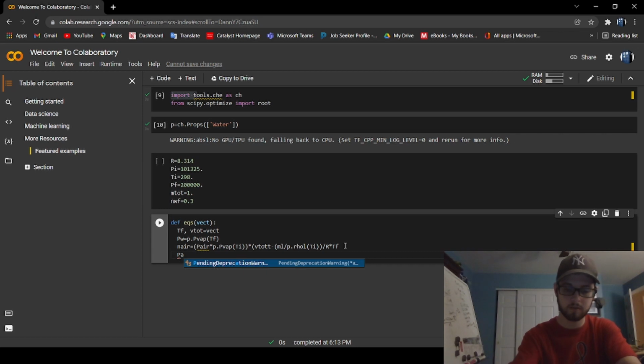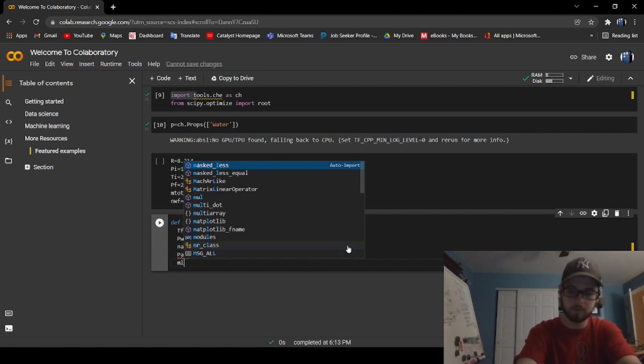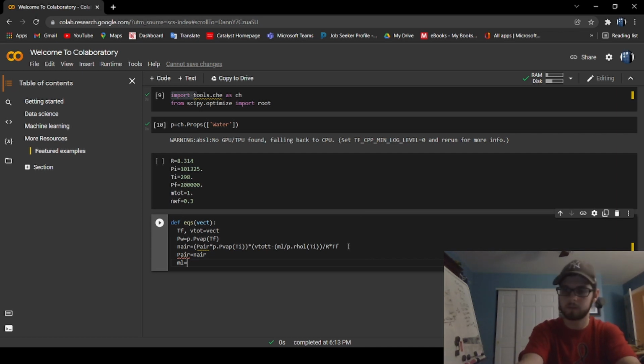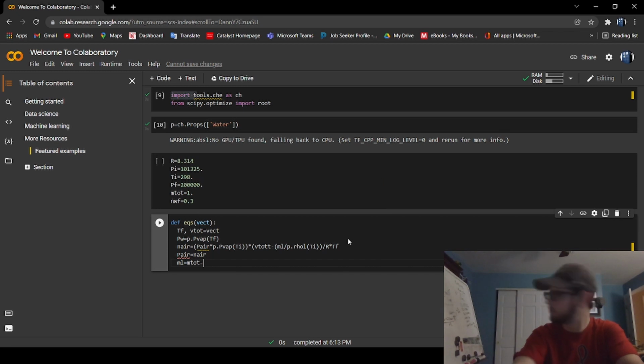Pressure of air is equal to the number of moles of air, and then the mass of liquid is equal to the total mass minus the, I guess, total mass is equal to that.